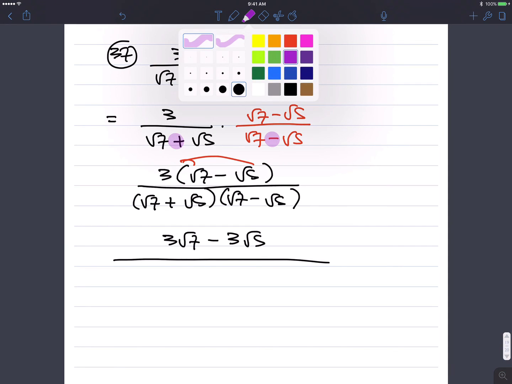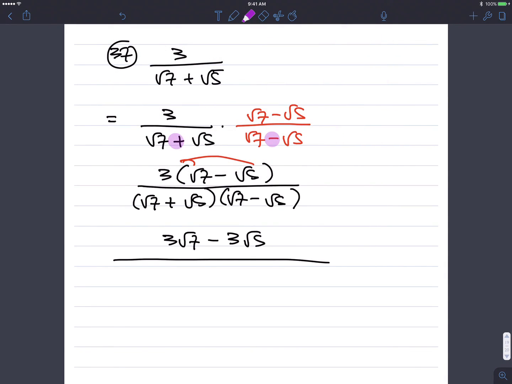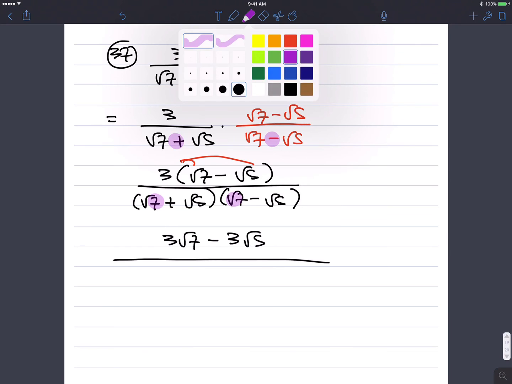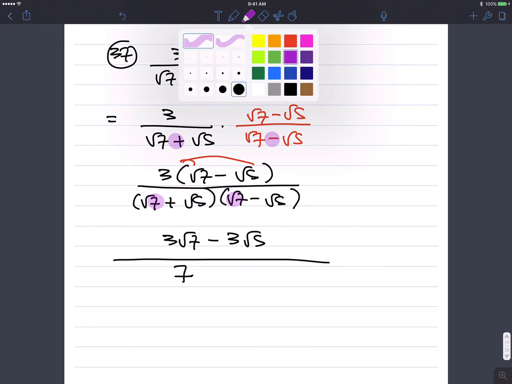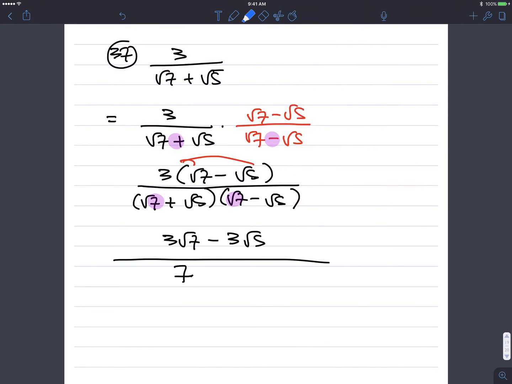Let's take a look. The square root of 7 times the square root of 7 gives us a 7 for our first term. Positive square root of 5 times the negative square root of 5 gives us a negative 5 for the last term, because the O and I terms cancel in FOIL.